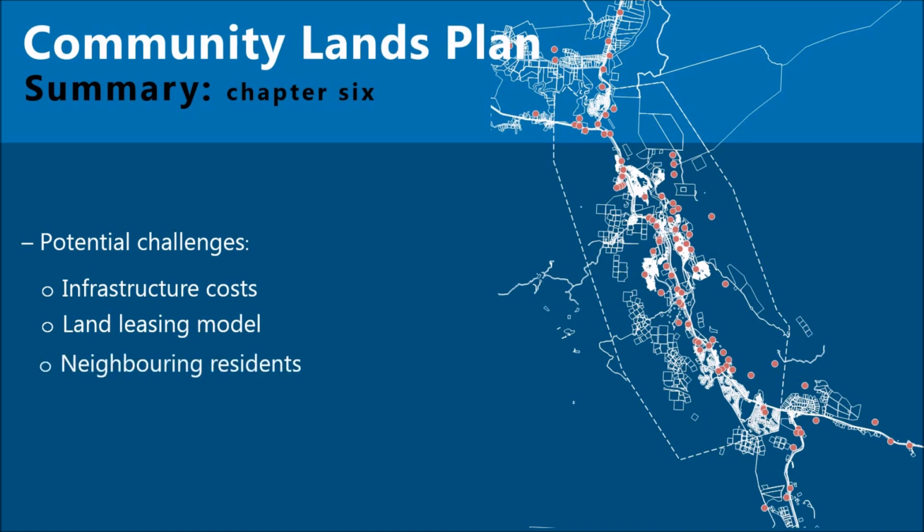Another issue we have is neighboring residents, and again, this is not a showstopper, but it needs to be something that Kwalndun thinks of in advance of any development. A lot of Kwalndun's properties have been undeveloped for so long that the surrounding residents feel that it's just green space, and they use those lots for walking their dog and recreating without fully understanding that that's Kwalndun property, and they have all the rights within the agreement to do what they want with that piece of land.